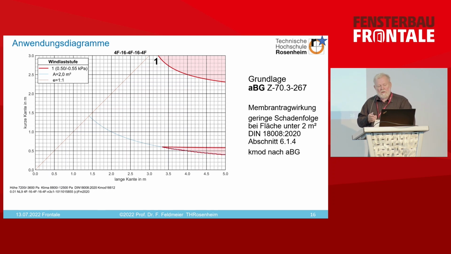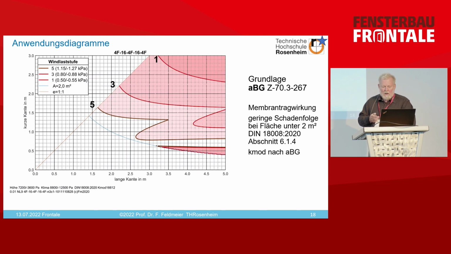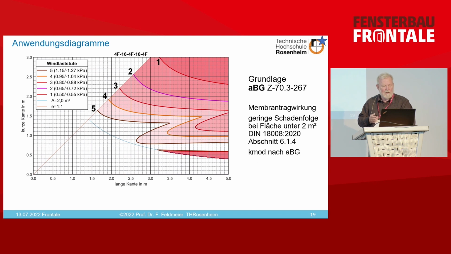It could be 16 meters. So it could be less than you can use. Of course, all of this can be 3 in 1. Or if you have 5 wind load steps, you could also use those. And then the diagram looks a lot more interesting. And it's also a bit more colorful, so it looks nice.